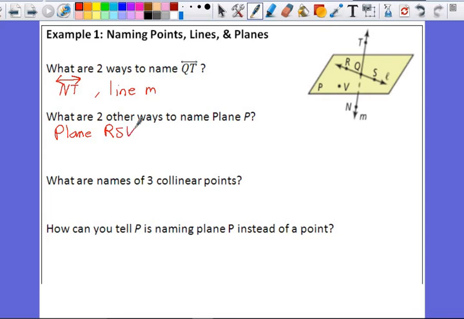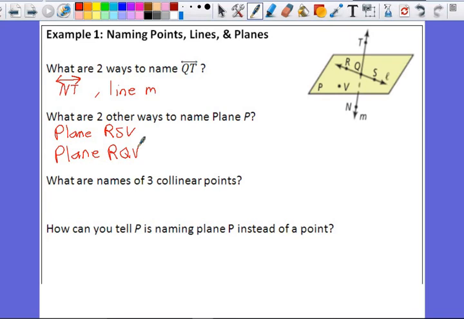Or we could also call it plane RQV. Now, the order that you put the letters does not matter. Most of the time, you're going to see them in alphabetical order, but it doesn't necessarily have to be that way. All right?